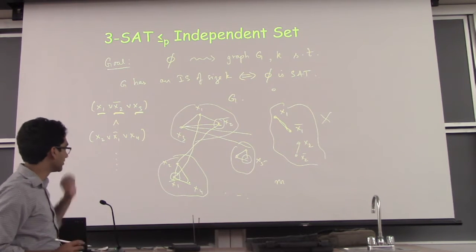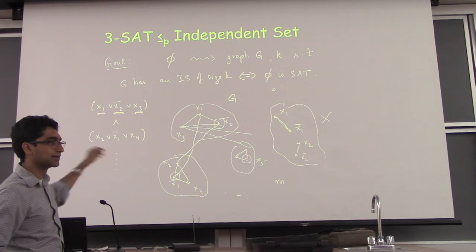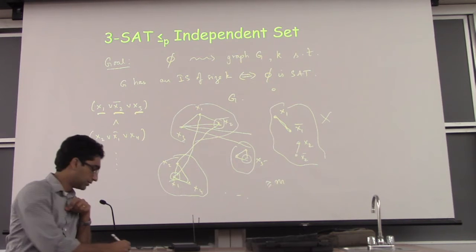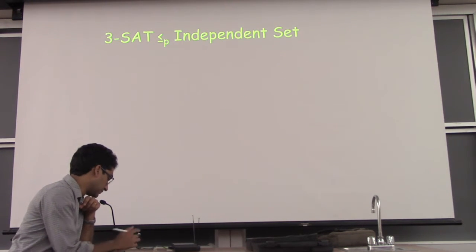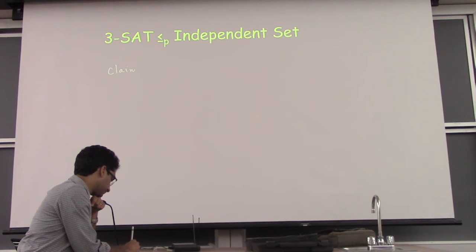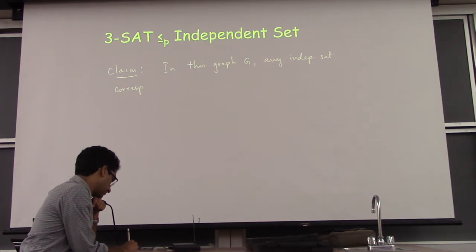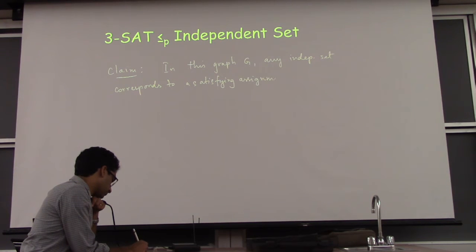So you add these triangles, and you have these edges that go across. And now if you find an independent set of size m, the claim is any independent set corresponds to an assignment for phi.